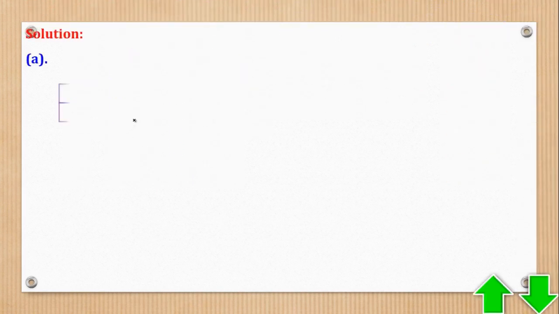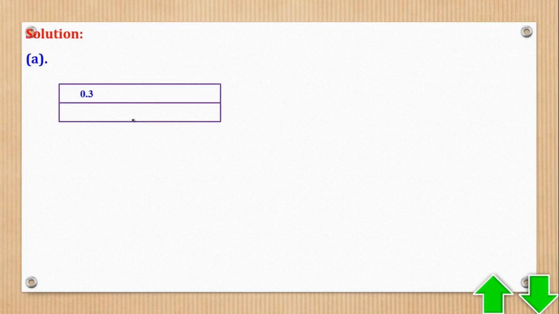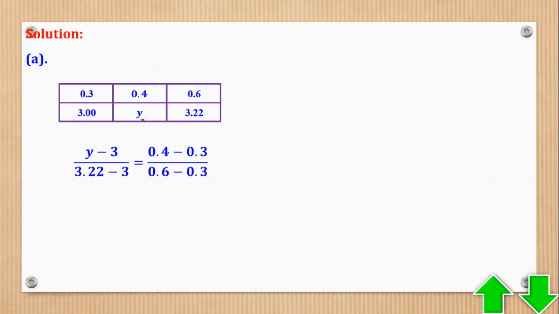So the first thing to do is extract out the values which you are going to use. This 0.4 is between 0.3 and 0.6. Therefore, y is what they want, so I'll say (y minus 3) divided by (3.22 minus 3) will be equal to, and the order matters.